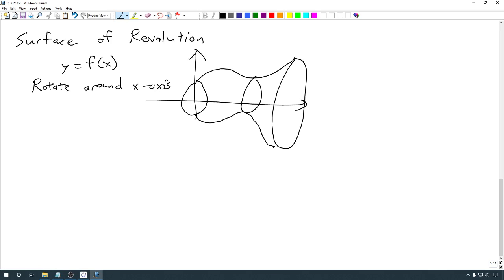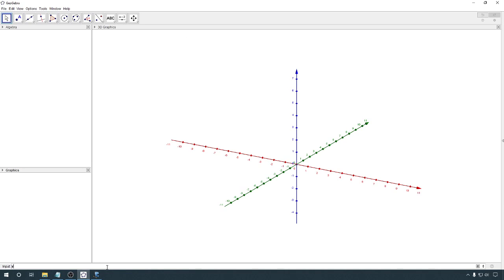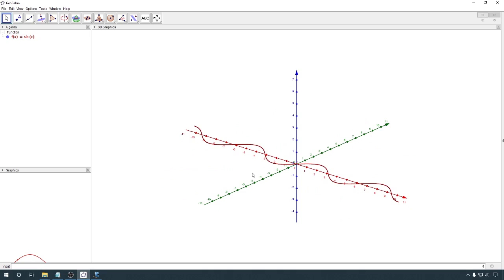Maybe for an example here, let's go ahead and plot this instead. So we have y equals sine of x. That is a curve in the xy plane. I want to take that curve and rotate it around the x-axis.